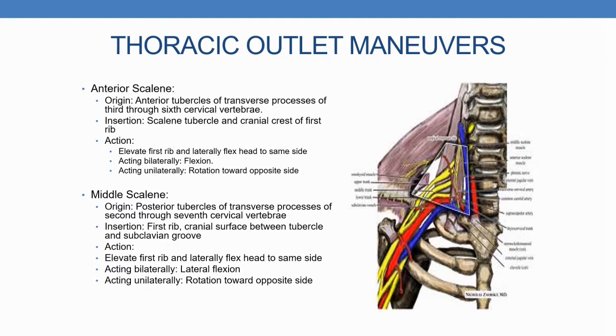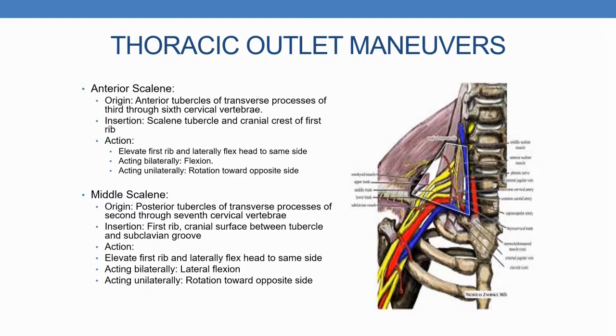They attach on the anterior aspects of the tubercles of the transverse processes of C3 through C6. And these fibers then project downward to insert on the scalene tubercle and cranial crest of the first rib. So they sort of angle antero-inferior.